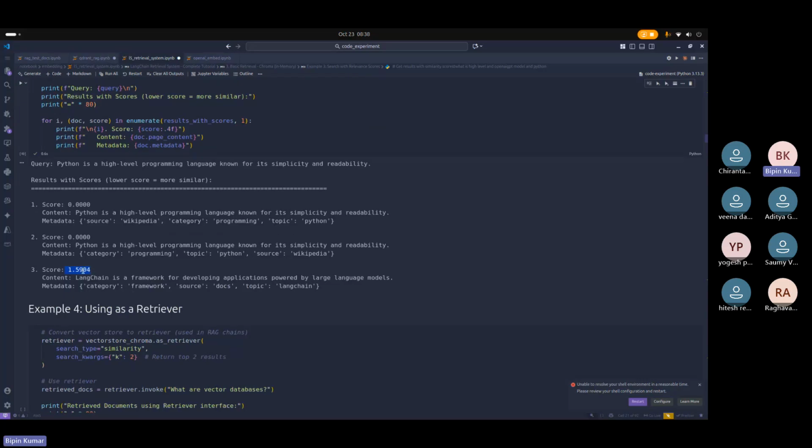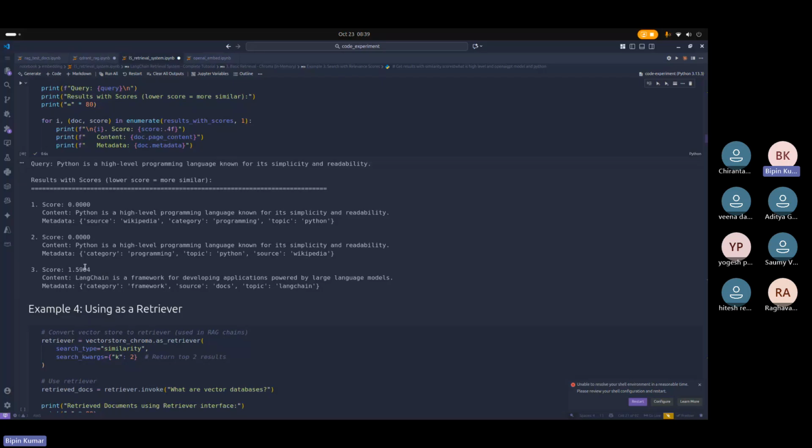We have seen the value should be between 0 and 1, but there is some extra thing that they are doing, and because of that the value is not between 0 and 1, it is higher than that, because this score is 1.5.